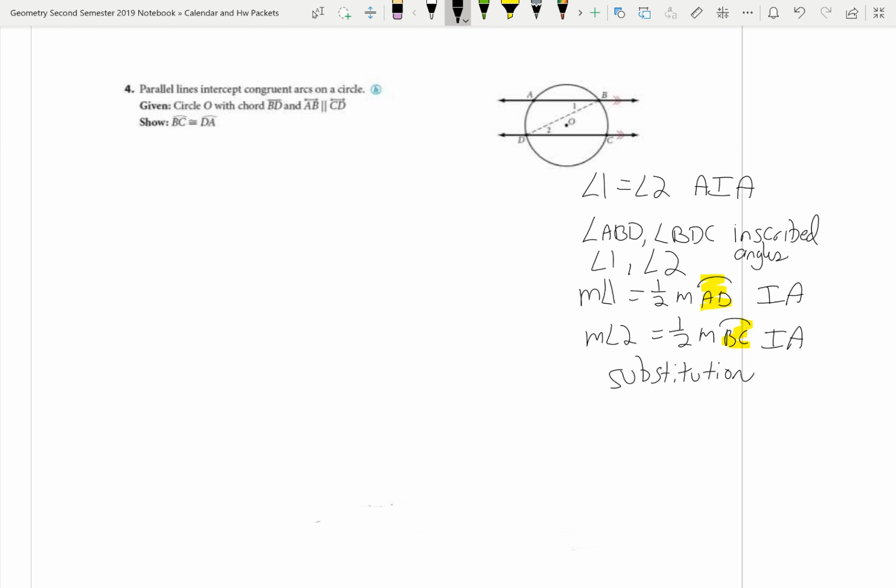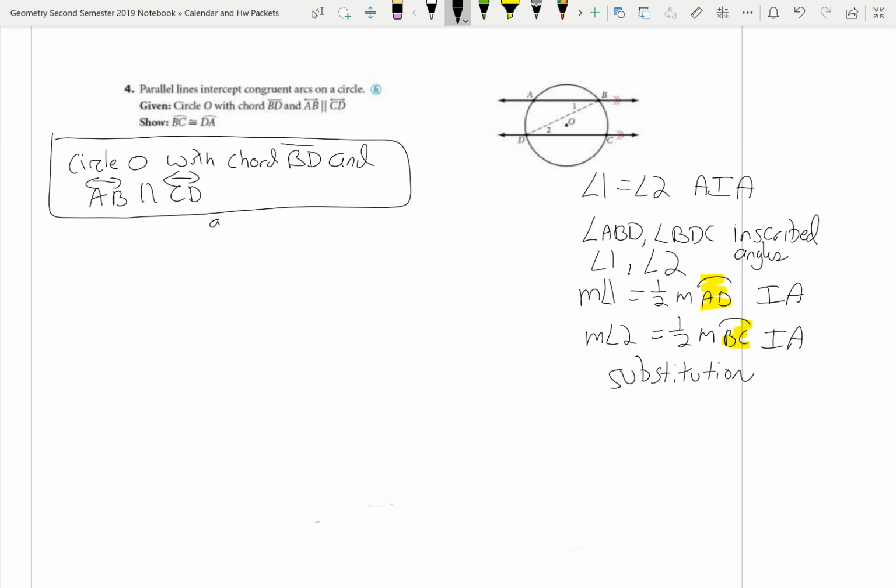All right, let's start with what we're given. We have circle O with chord BD and a line AB parallel to line CD.